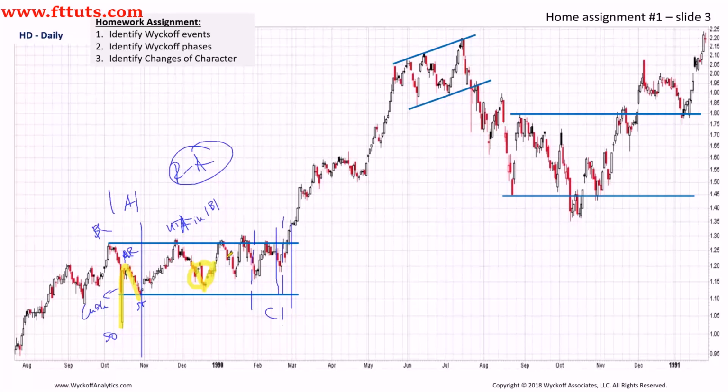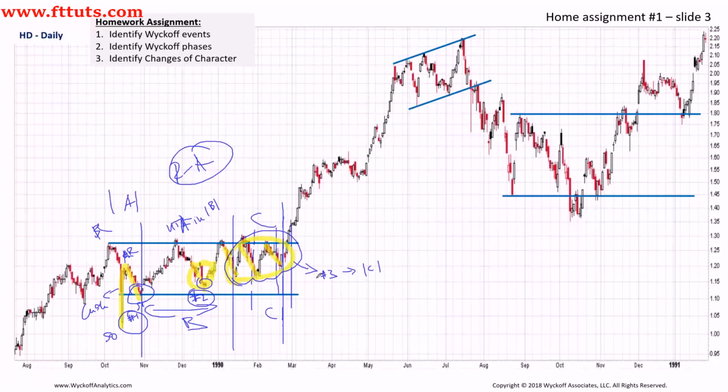It's phase B. And then it seems to me that all of these reactions here belong to the next structure. That's how we want to define phases. So we want to say that this is our phase C, and then everything in between is B, and this is our first test. So test number one, test number two, and then this whole area right here is just more complex, so that becomes our test number three, and therefore a potential phase C.